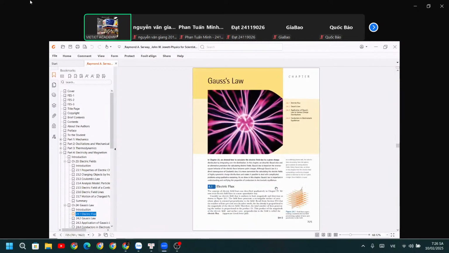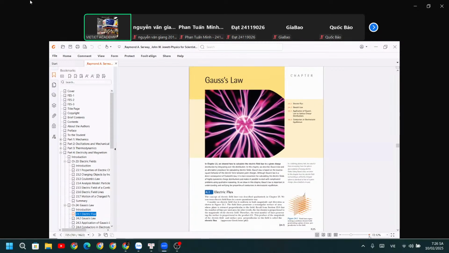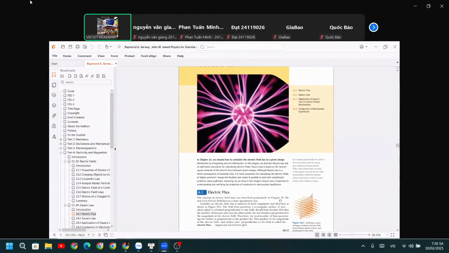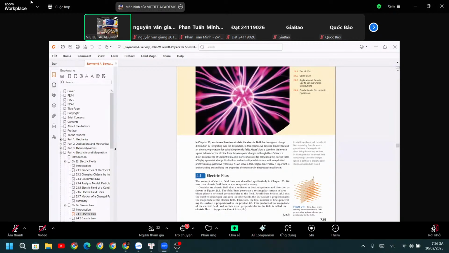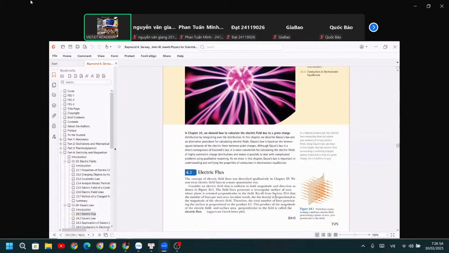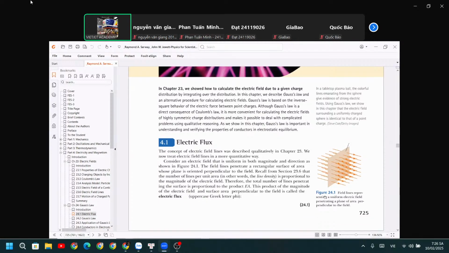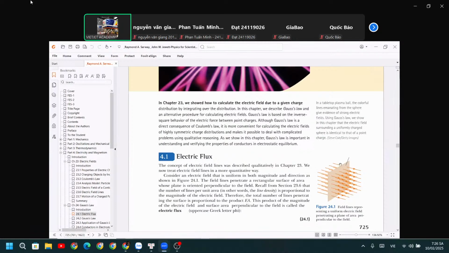What is the electric flux? The electric flux is the quantity that is calculated from the electric field and the area in the electric field. For example, here the lines of the field are shown in this picture.